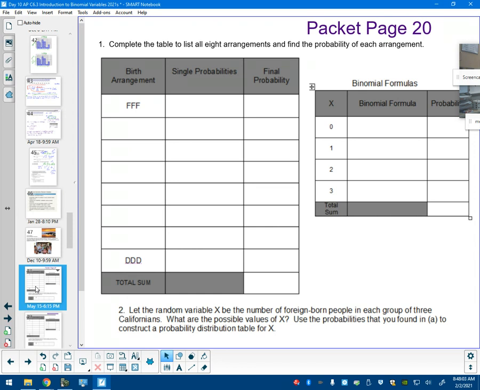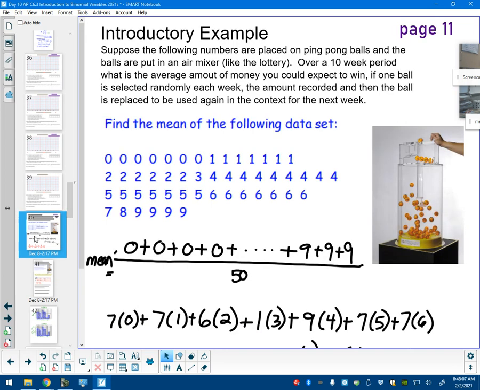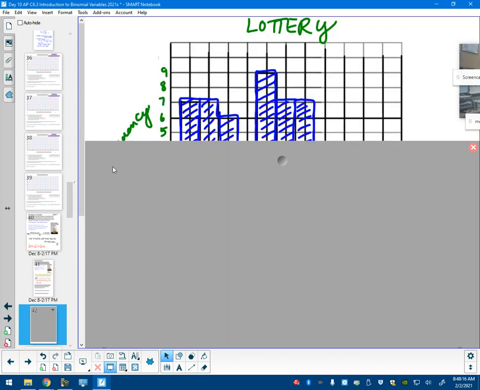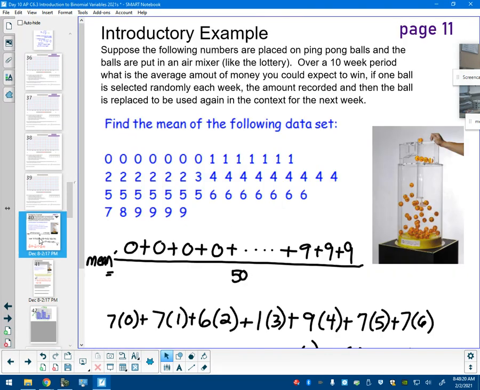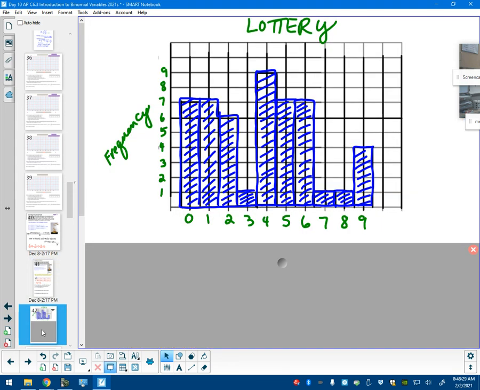So what I'm going to show you today is back in chapter 1, we started with regular distributions. So this is a regular distribution. This is the lottery problem that we started with the other day. If you just take the answers to the lottery and put them in a histogram, this is what it would turn out to be.